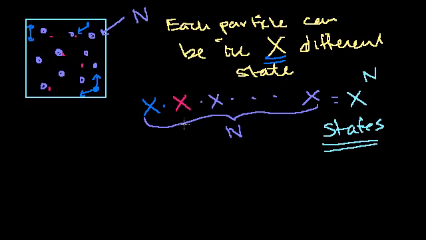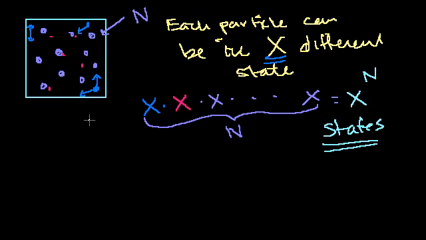Now, let's say that we like thinking about how many states a system can have. Certain systems have less. For example, if I had fewer particles, I would have fewer potential states. Or maybe if I had a smaller container, I would also have fewer potential states. There would be fewer potential places for our little particles to exist. So I want to create some type of state variable that tells me how many states my system can be in.